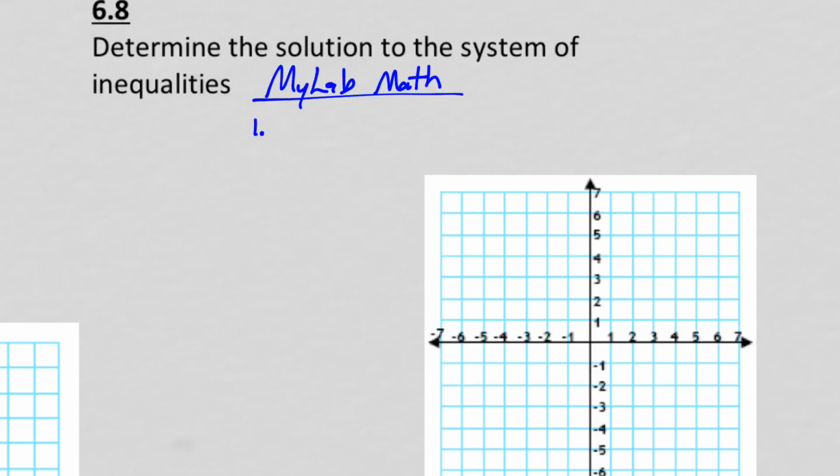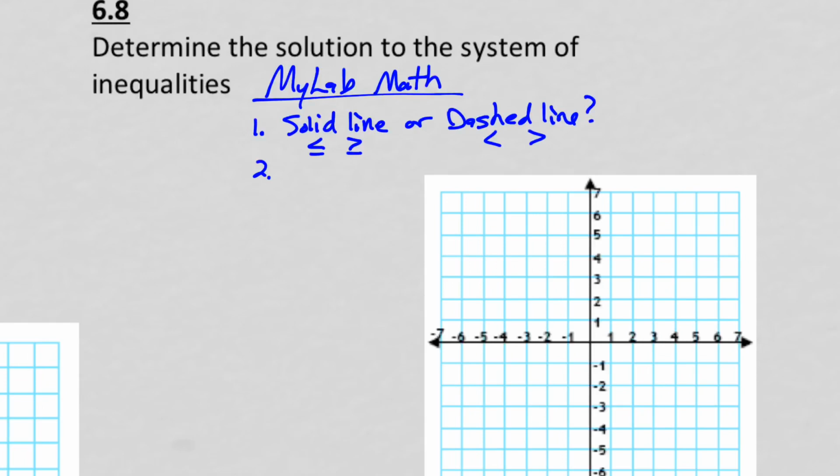Number one, it wants to know whether you are going to click on the solid line or the dashed line. So the solid line has the equals and the dashed line does not have an equal sign. So it would be this one or this one.